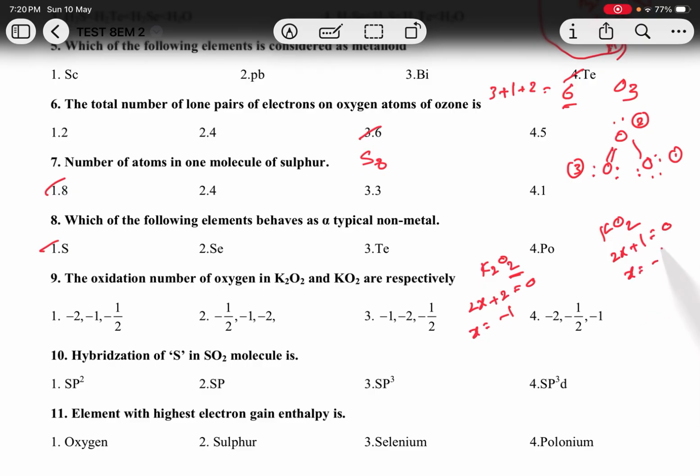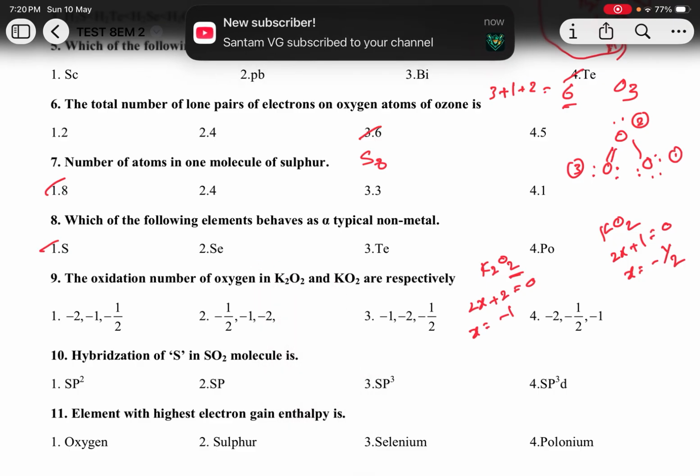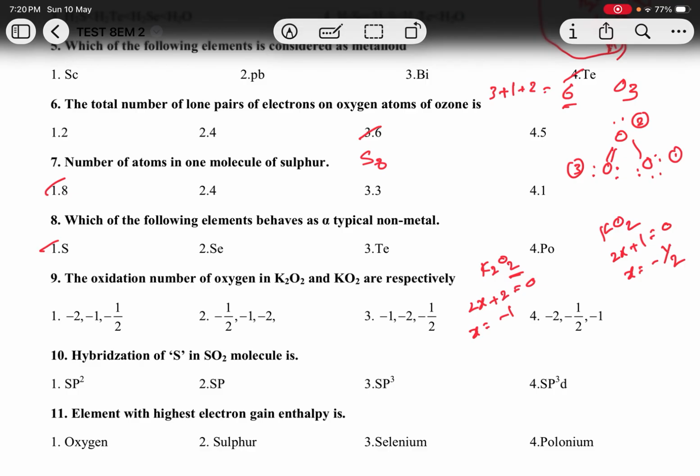So X is equal to minus 1 by 2. Here 3 compounds are given, but only 2 are there. So based on the options, for K2O2 the second one is minus 1, for KO2 the third one is minus 1 by 2. Here one of the compounds is missing. Okay.